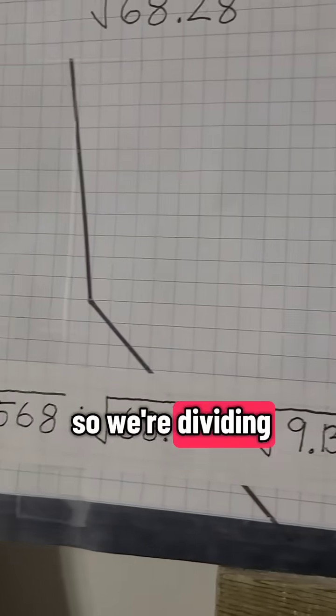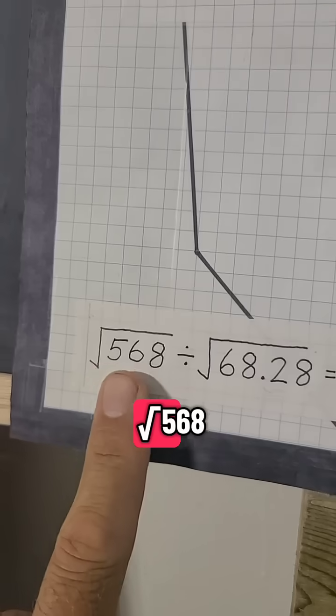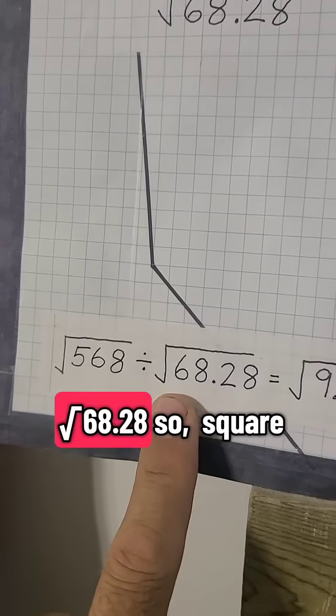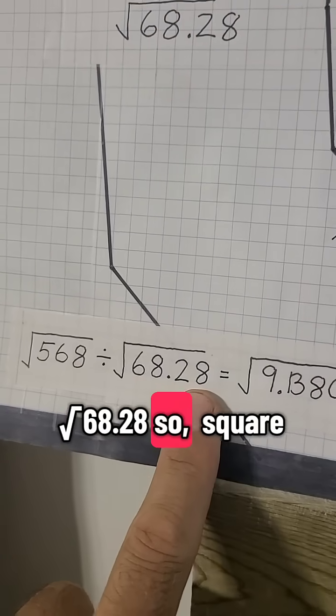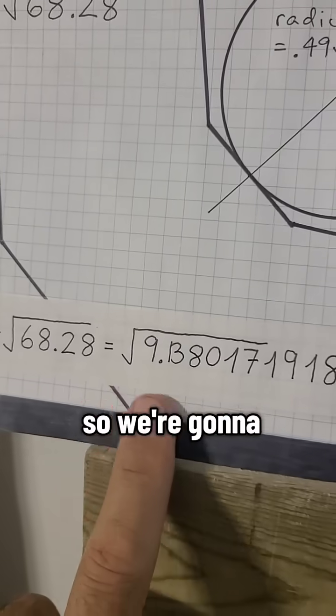So we're dividing 5 grow 6 do 8 by 6 do 8.28. So square roots. So we're going to make a square root answer.